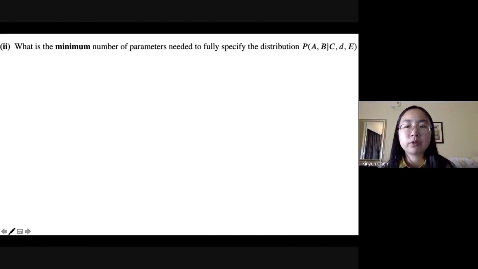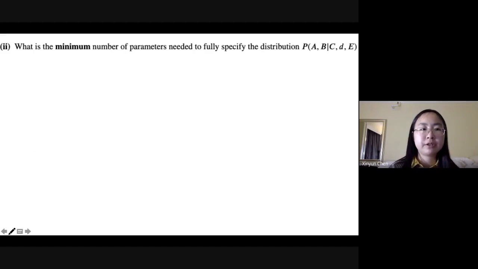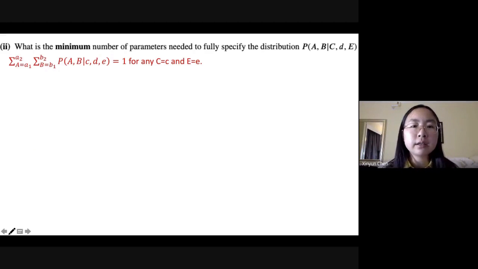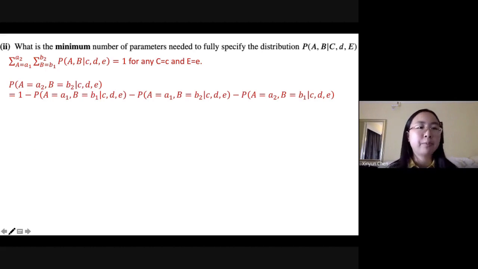We recall from our previous discussion that for any assignments of C and E, the sum of probabilities of A, B given C, D, E is 1. Because both A and B are Boolean variables, there are 4 different assignments of A and B in total.